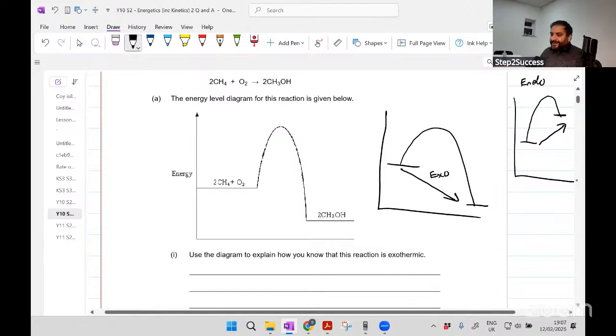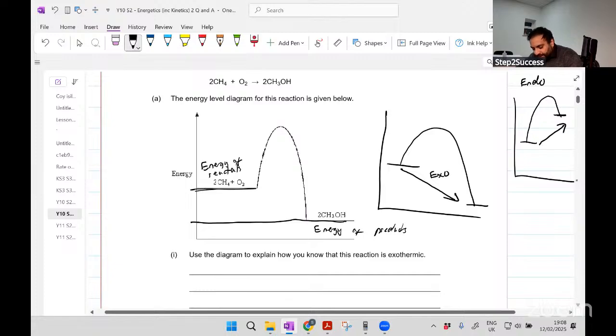This final position represents the energy of the products from this chemical reaction, whereas this starting point represents the energy of the reactants. So how much energy you start with versus how much you finish with. Given that the reaction is exothermic, to explain why, you just want to say that the energy of the products, which is here, is less than the energy of the reactants.